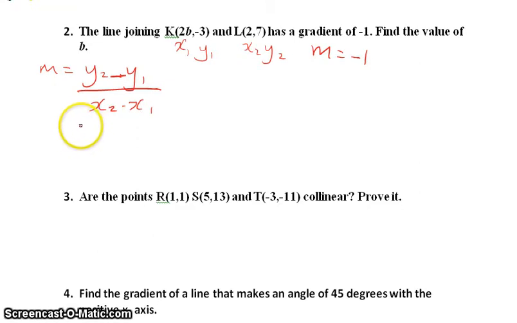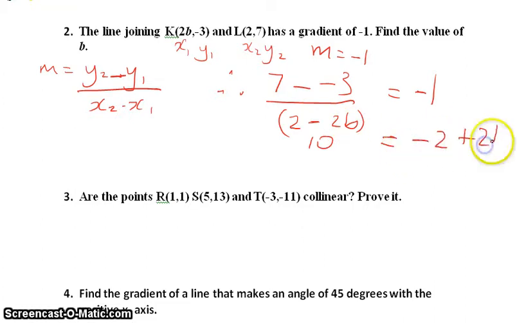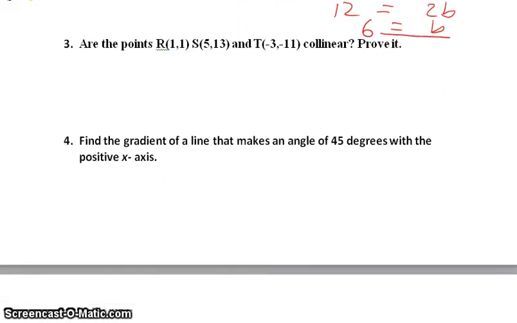So I'm going to have, therefore, 7 minus -3, which is +3, over 2 minus 2b equals -1. Okay, and I need to solve this equation now. So I'm going to have 10 equals, now it's -1 times all of this here, so I'm going to get -2 plus 2b and solve this equation for b. Okay, so I'm going to have 2b is 12, so b is 6. Okay, so just kind of extrapolating to get out what we want.